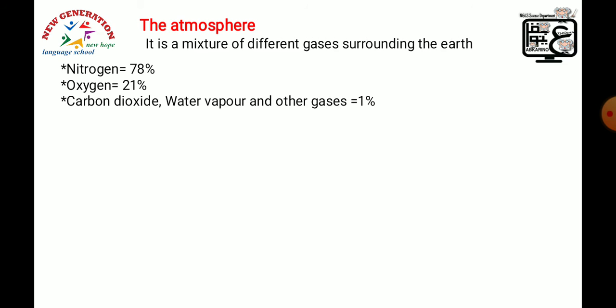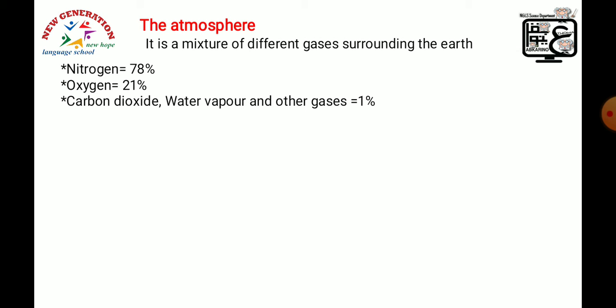And now, we are gonna talk about the components of the atmosphere. First, the atmosphere is composed of nitrogen gas that represents 78%.